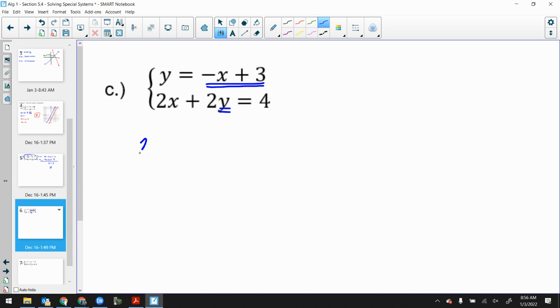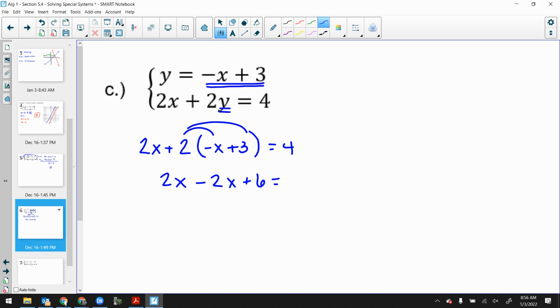So this gives me 2x plus 2 times negative x plus 3 is equal to 4. All right, well now we just keep solving. Distribute. So 2x minus 2x plus 6 is 4.